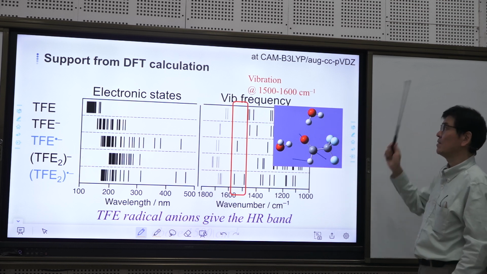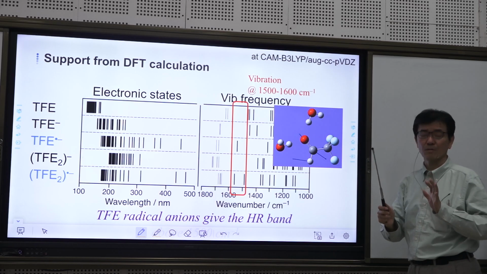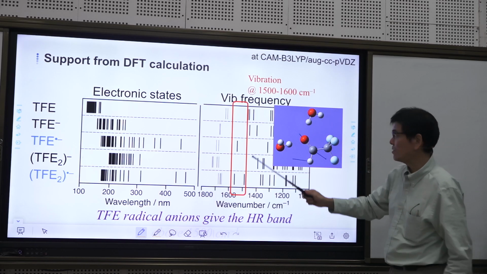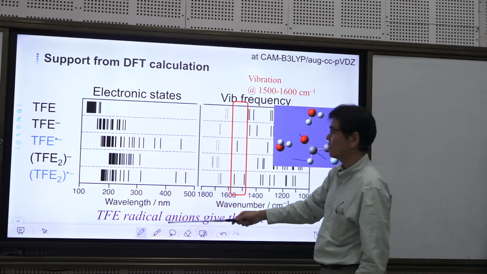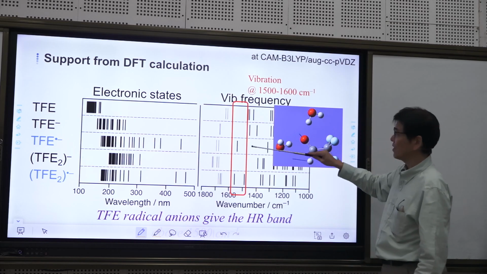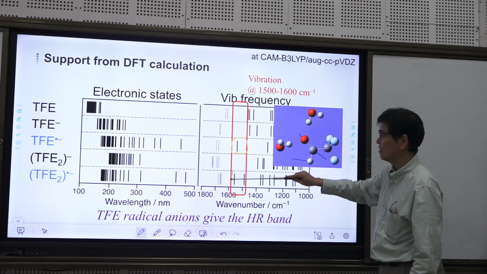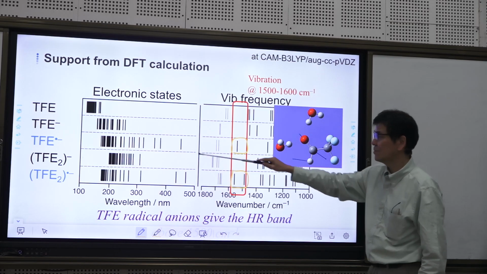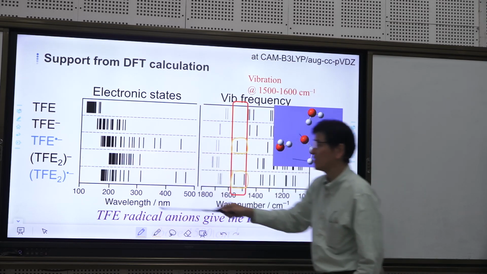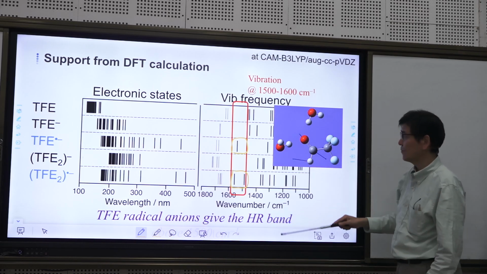And it is also impossible for trifluoroethanol neutral form. But you see, when we consider the radical anion, these two structures have a molecular vibration in the range above 1500.